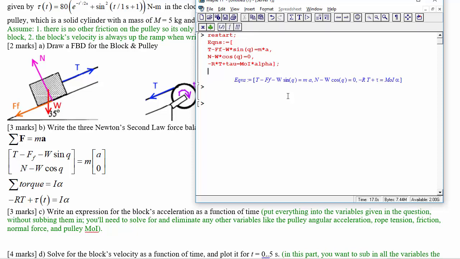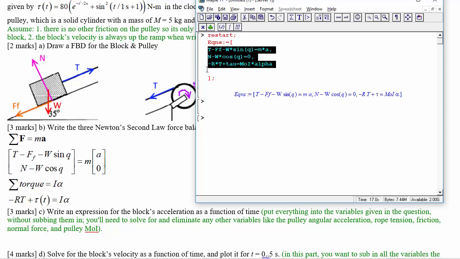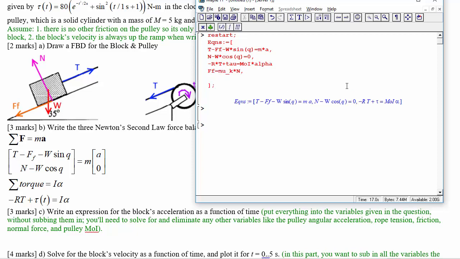So that's one set of equations, but in fact we have a number of additional equations that are necessary to turn some of these quantities into the things that we started with. So we need to tell Maple what the friction force is, that's just the mu k times the normal force. We need to specify that the moment of inertia of a pulley, if it's a solid cylinder, is half big M, that was the mass of the pulley, times r squared.